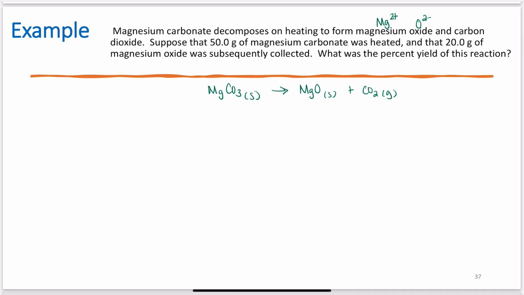I want to find my percent yield, but first I need to figure out my theoretical yield. I can't do percent yield without theoretical yield. So I need to know how many grams of magnesium oxide I could theoretically produce, starting off with 50 grams of that magnesium carbonate.